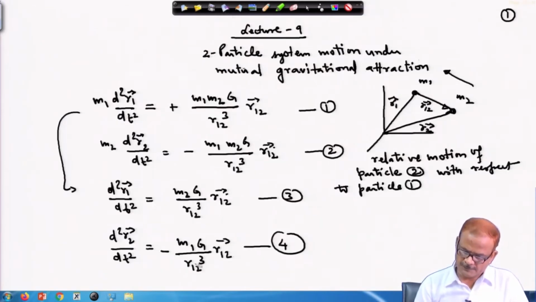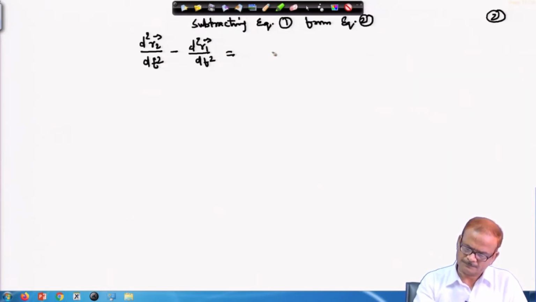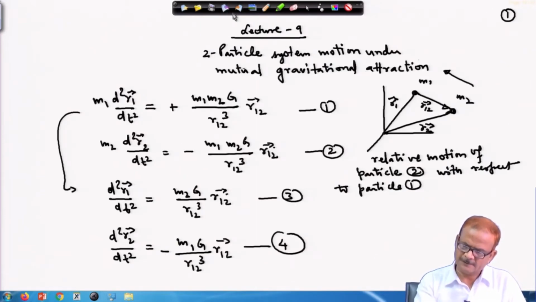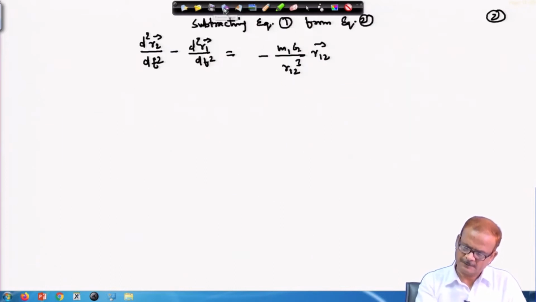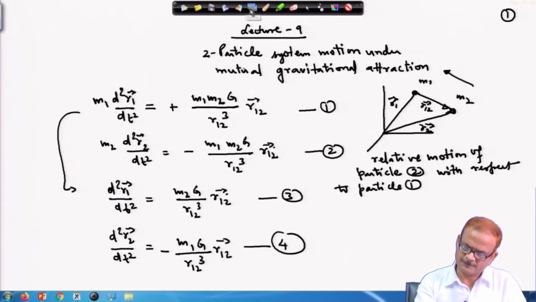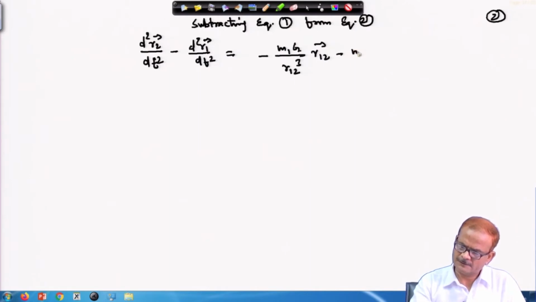So from here we are subtracting this. On the right hand side then we will have m1 G divided by r12 whole cube times r12. This comes with a minus sign, and then subtracting from this part, this is minus m1 G divided by r12 whole cube r12.